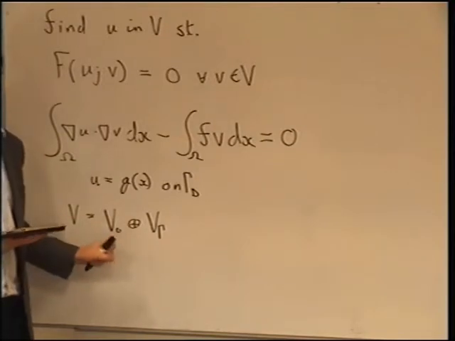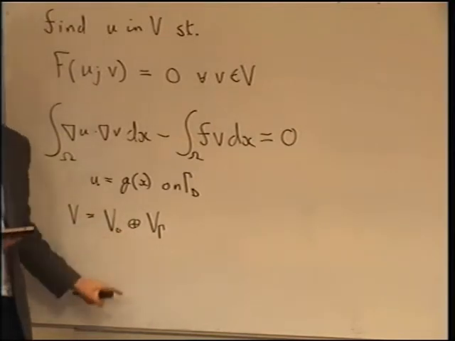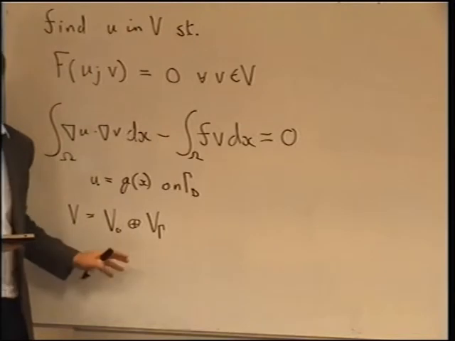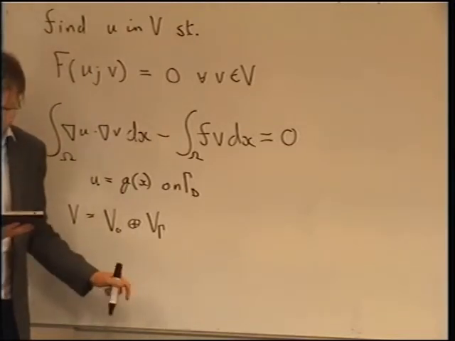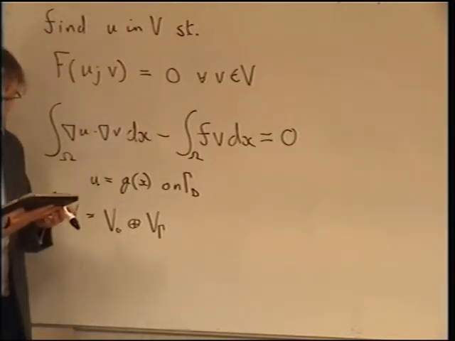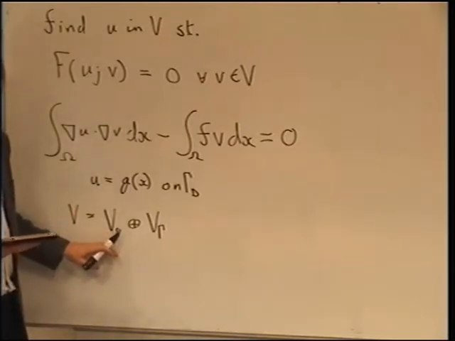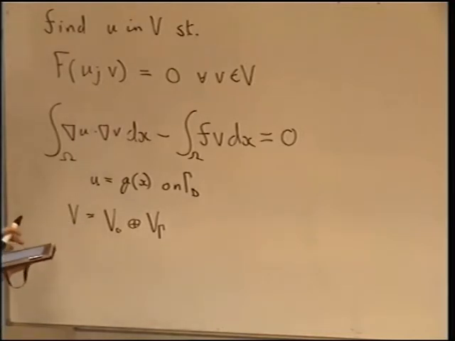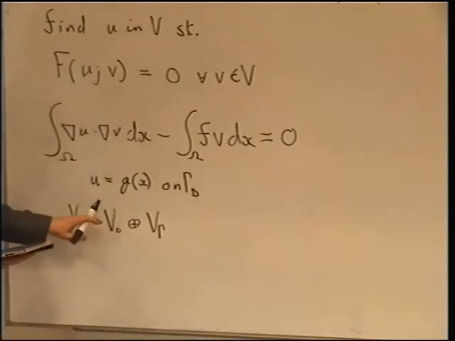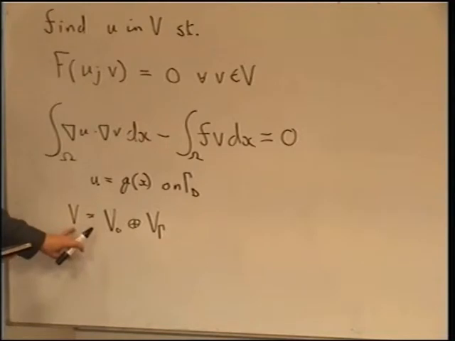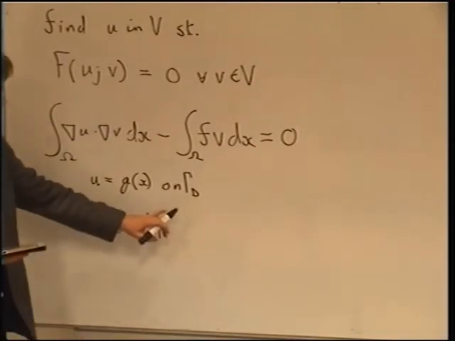And this is a direct sum, which means that those spaces are not overlapping. So it's exactly one part and the other part. And so this part of the domain, V0, is the space which is spanned by those basis functions in whatever basis we have for V, which vanish on gamma D.